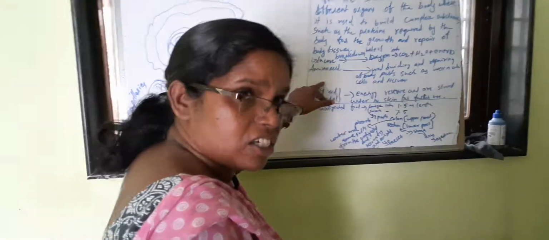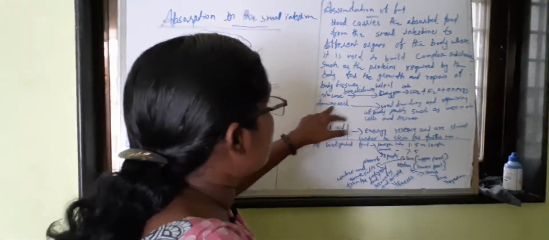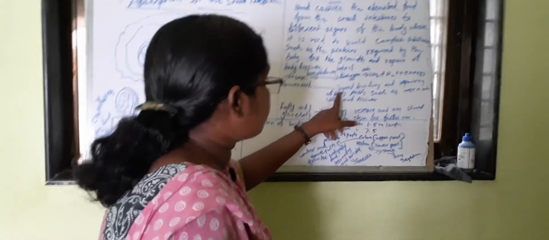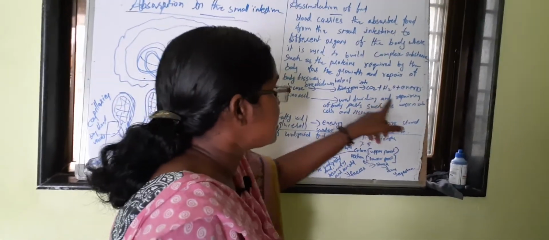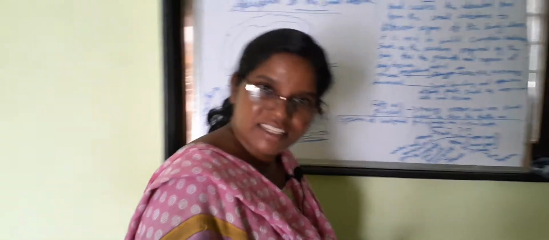Next, amino acids are used for building and repairing body parts such as worn out cells and tissues.